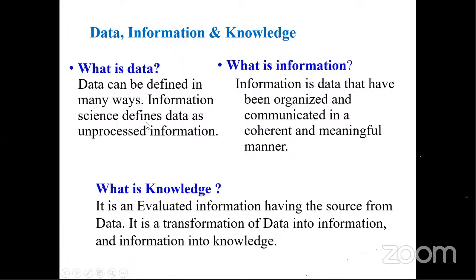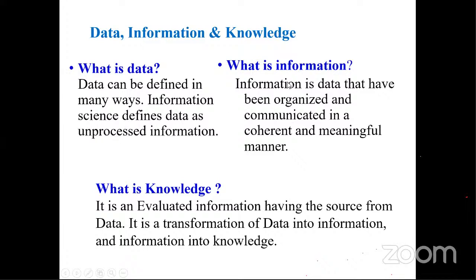Nowadays we are actually dealing with big data, and we are unable to understand the particular data, so it is in the form of unprocessed things. So the data is unprocessed information. You cannot give any meaningful information from this.